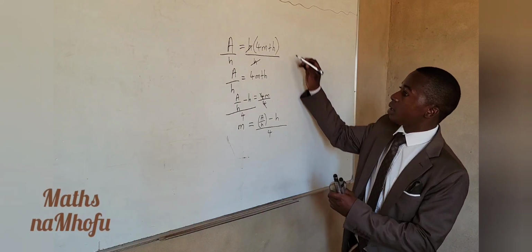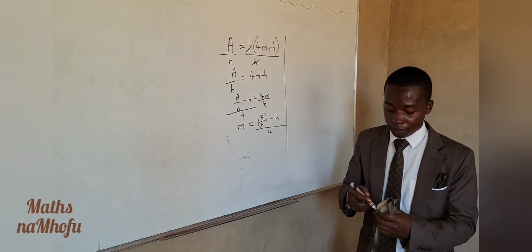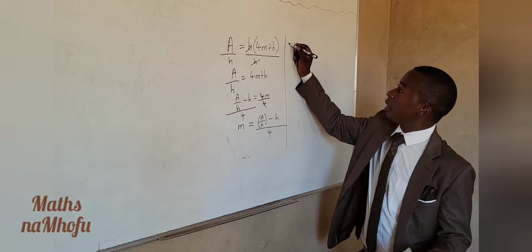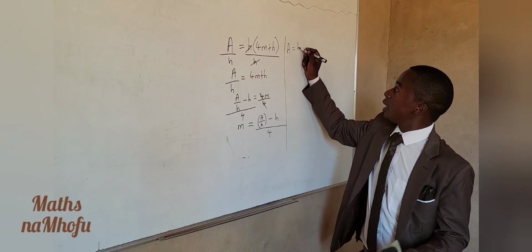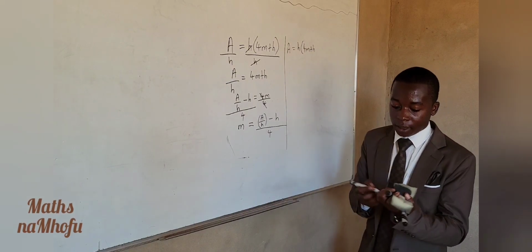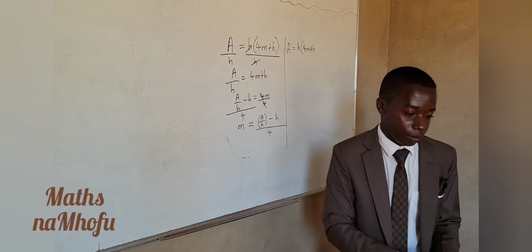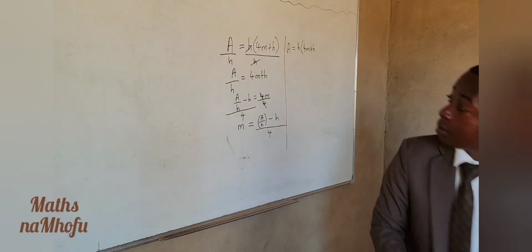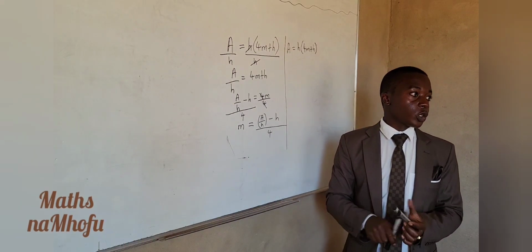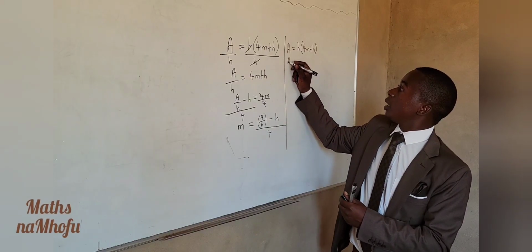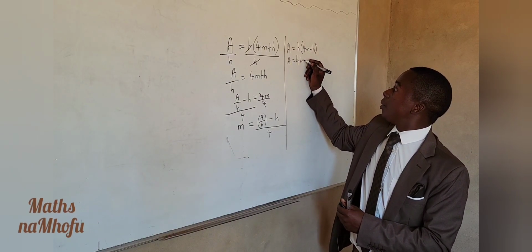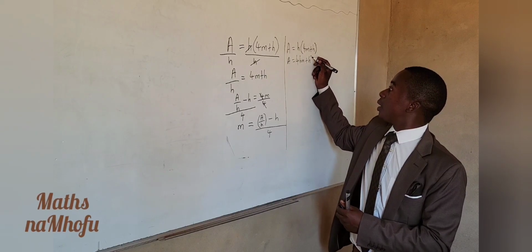Now let's do the other method that you could have used. Let me use this other side. A equals H, 4M plus H, like this. If you decided to expand, A equals 4HM plus H squared, right?